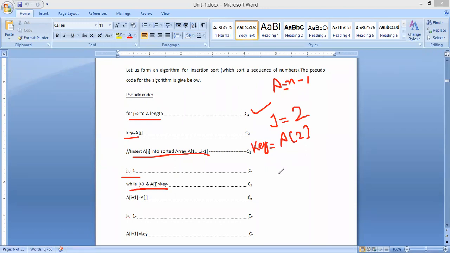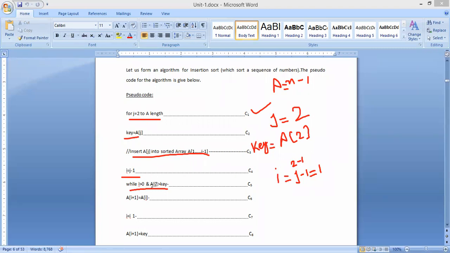If J is 2, what is the value of I? J minus 1, so 2 minus 1 equals 1. So the value of I is 1. This process is going to execute.